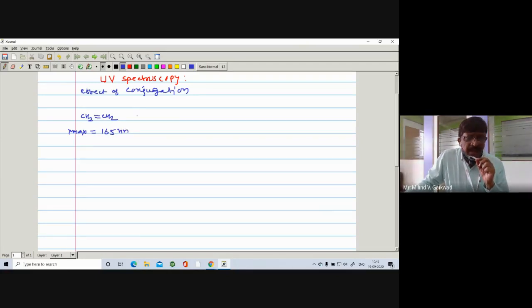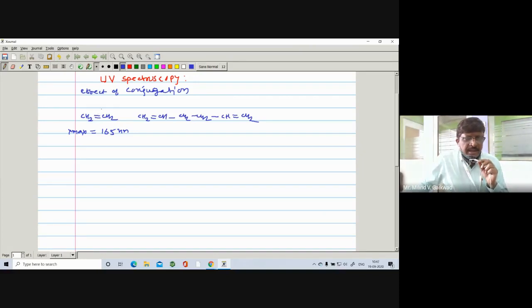If you take another example, for example CH2=CH, then there is a CH2, CH2, and a CH=CH2. So here it contains a carbon-carbon double bond, that is one pi bond.